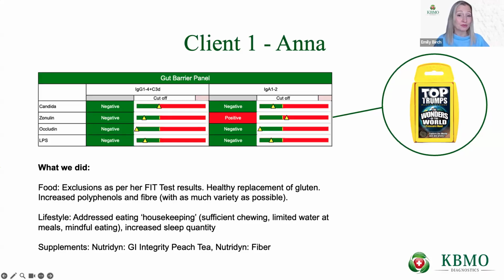Healthy replacement of gluten was key because, as you're well aware, you can be as problematic going with gluten-free options as wheat options in some cases, because they're full of so much rubbish. We increased polyphenols and fiber. This is where I talk about bearing in mind that we may have a level of dysbiosis in this picture, and we gave her as much variety in those fibers as possible.